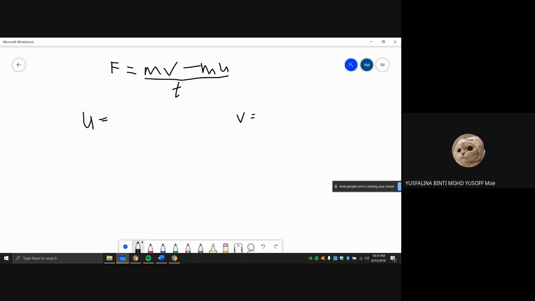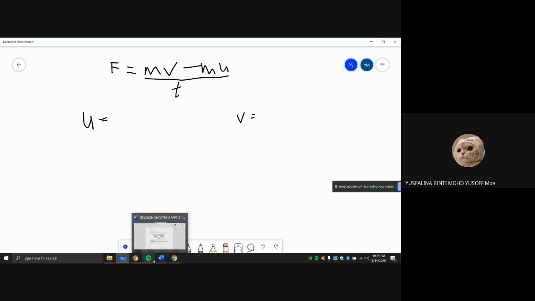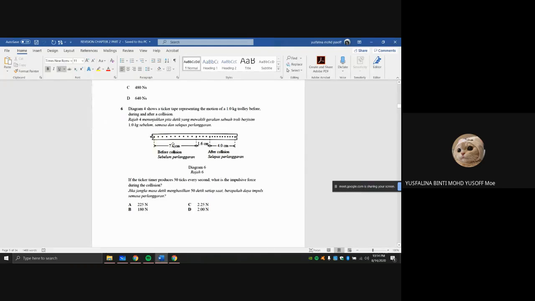So you learned in 2.1, the ticker tape part, right? If you want to find the velocity, you have to know the length and also the total time.